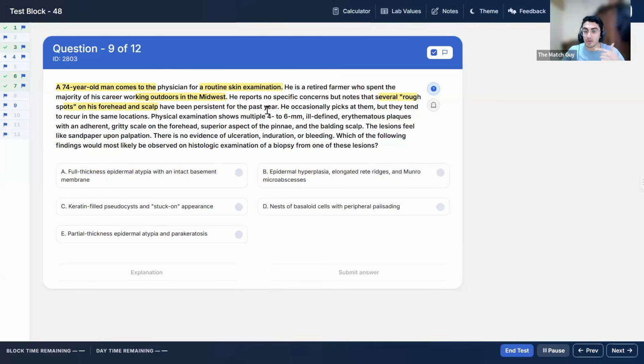So he's probably talking about actinic keratosis. Physical examination shows multiple 4 to 6 mm ill-defined erythematous plaques with gray scales. Which of the following findings would most likely be observed on histologic examination of a biopsy from one of these lesions?